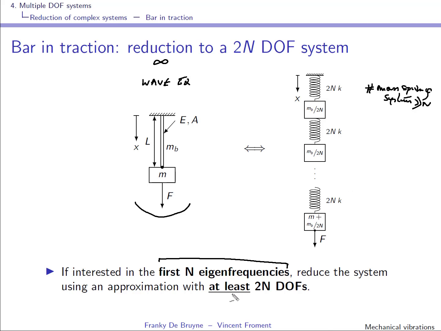Okay, what you will find in the literature is that you should use at least 2n mass spring systems in your approximation. So this is another way to work, and of course it leads to a system that is simpler than the one obtained by the wave equation.